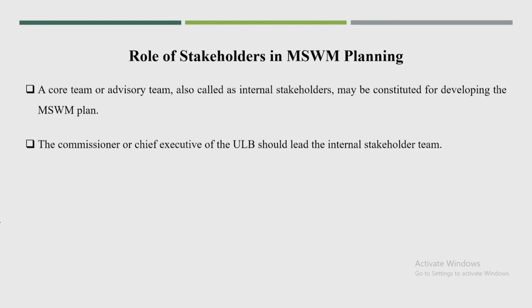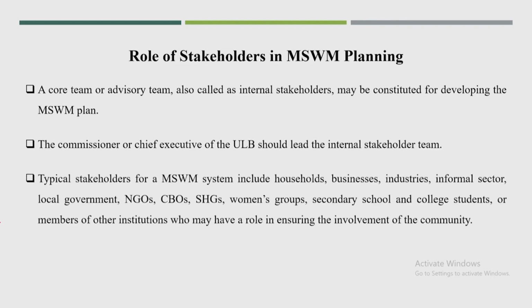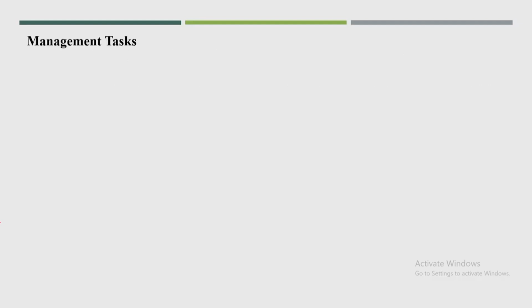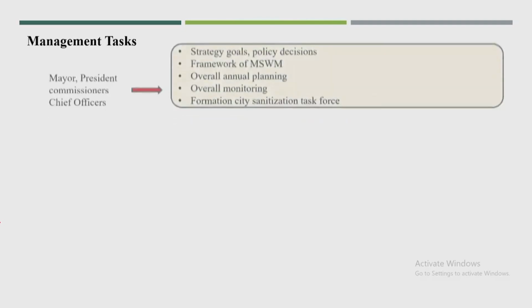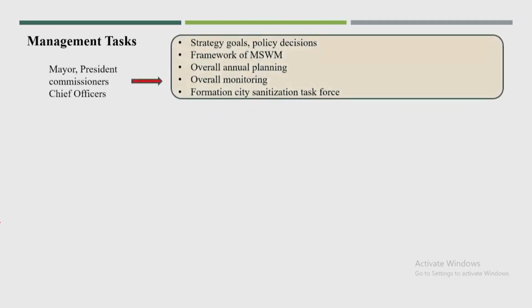The commissioner or chief executive of the ULB should lead the internal stakeholder team, and typical stakeholders for the MSWM system include households, businesses, industry, informal sectors, local government, NGOs, CBOs, self-help groups, women's groups, secondary school and college students, or other members of institutes who may play a major role.